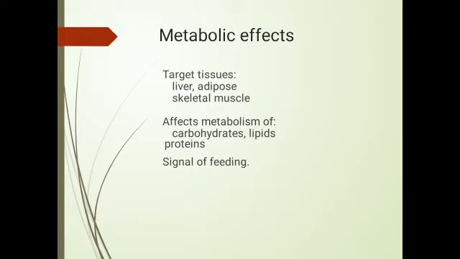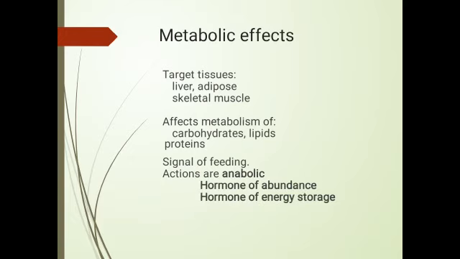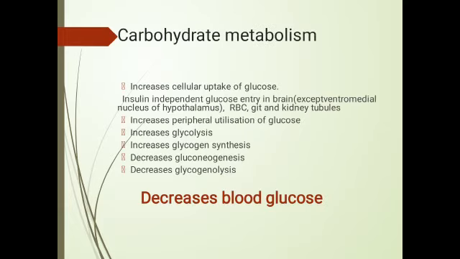Insulin is secreted in the presence of increased blood glucose. So it is a signal of feeding, and it makes nutrients get stored for future use. So it is called the hormone of abundance or hormone of energy storage, and the actions of insulin are anabolic in nature.